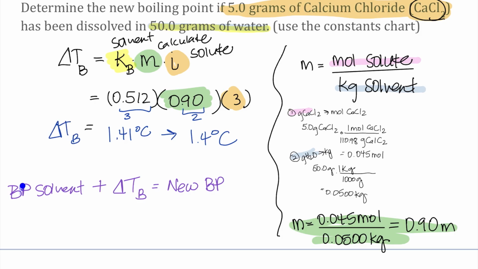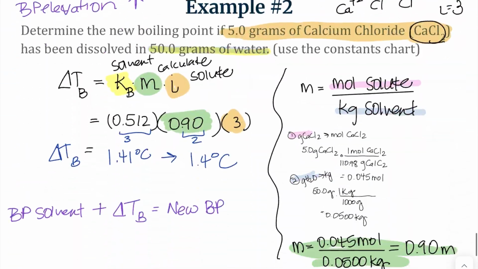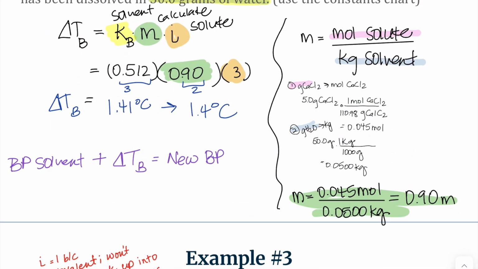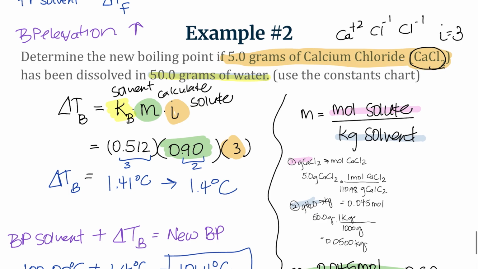We're going to take now what is the normal boiling point of the solvent. We can go back to our formula. Normal boiling point of water is 100 degrees. So we're going to have 100.00 degrees Celsius plus 1.4 degrees Celsius. And so we're going to get 101.4 degrees Celsius as that new boiling point for water.